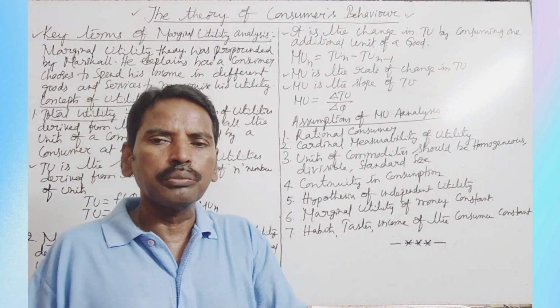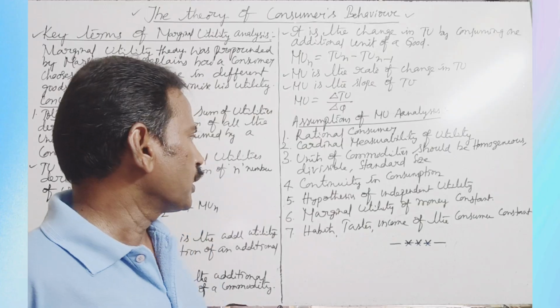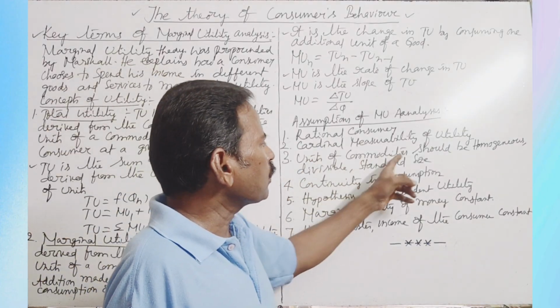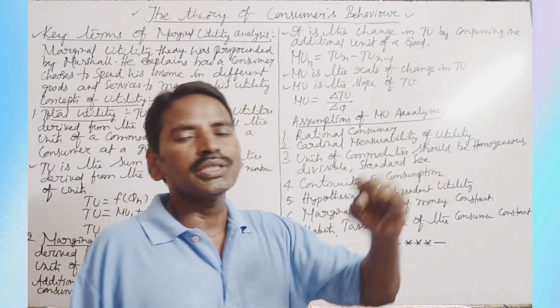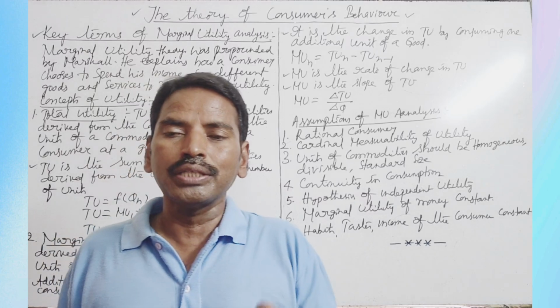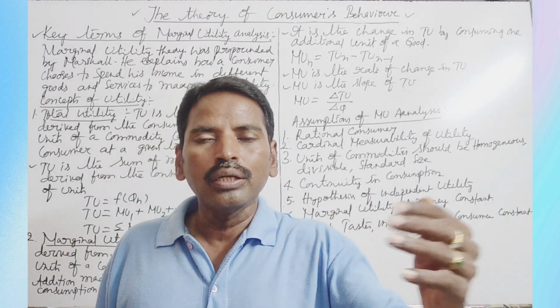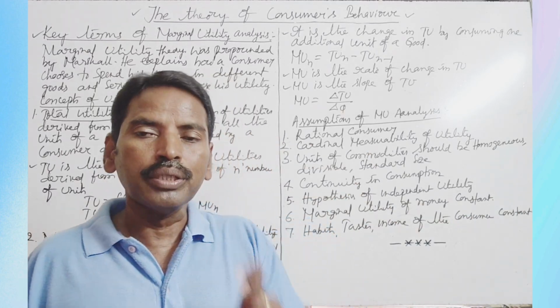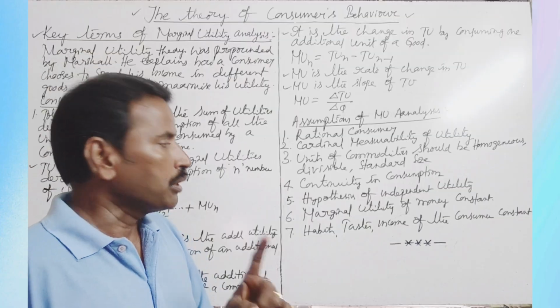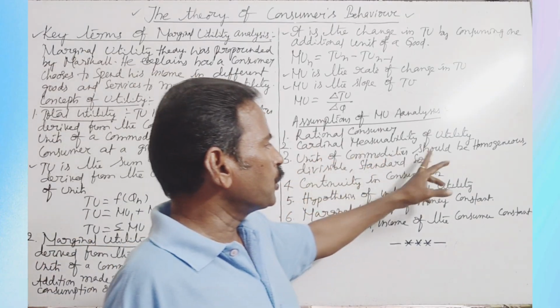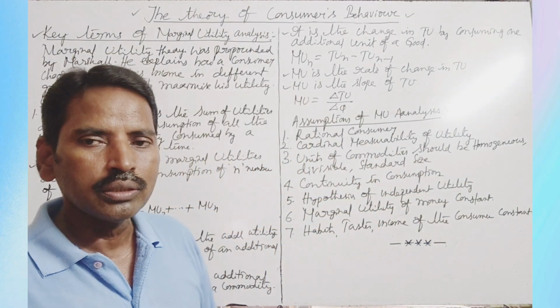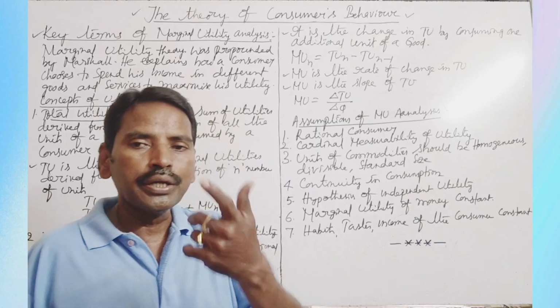The commodity should be divisible. Units of commodity should be standard in size, neither too big nor too small. Therefore, units of a commodity should be homogeneous, divisible and standard in size.